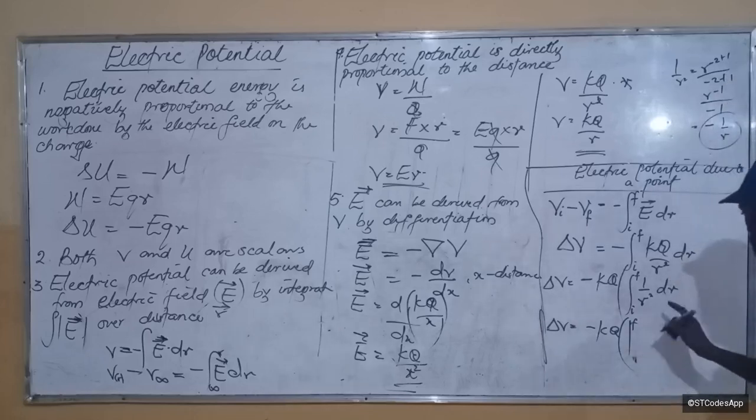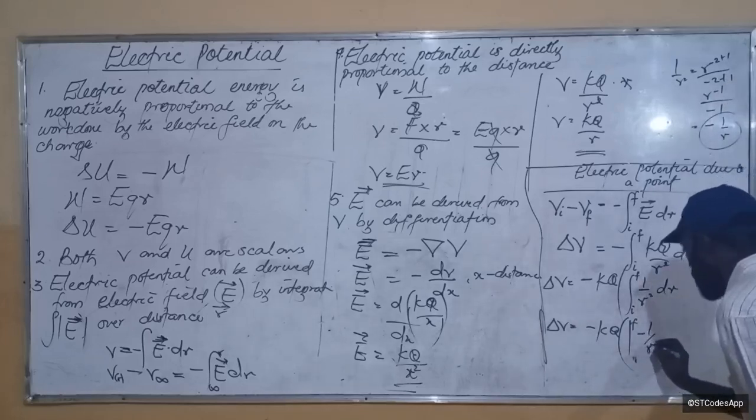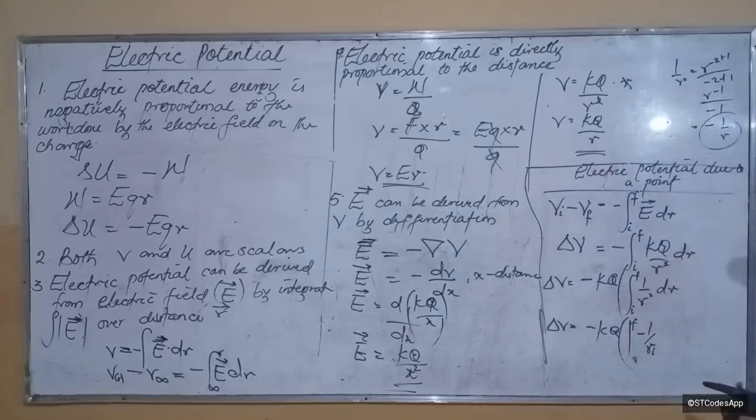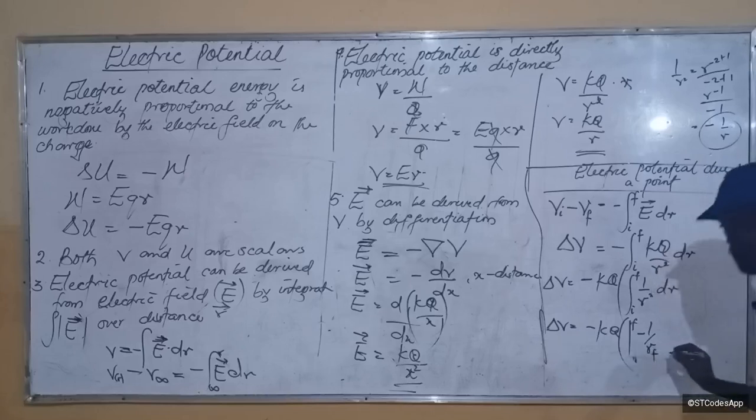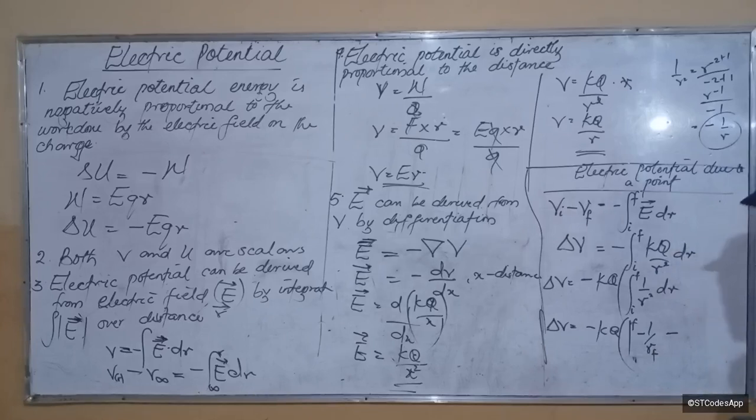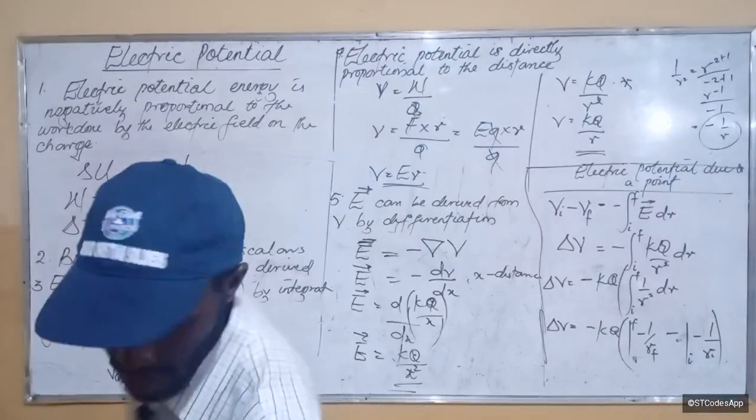So for final it becomes minus 1 over r final, then minus the other case, minus 1 over r initial. If you don't understand integration, make sure you see my video on integration, okay? Work this out, do the math.